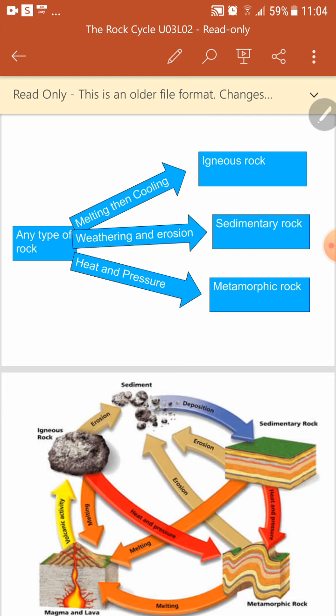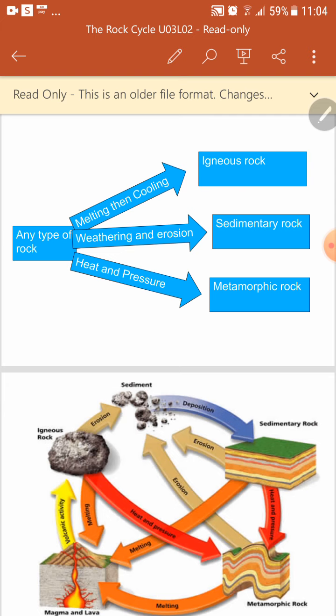Then they will settle down, deposition. Then over the years these sediments cement with each other and make sedimentary rock. So the igneous or the metamorphic can go through these processes until they become sedimentary rock.